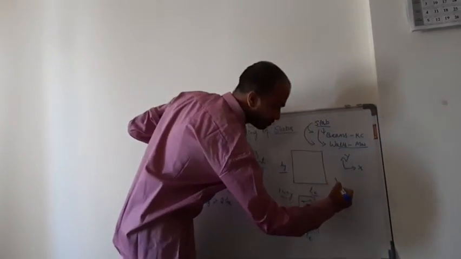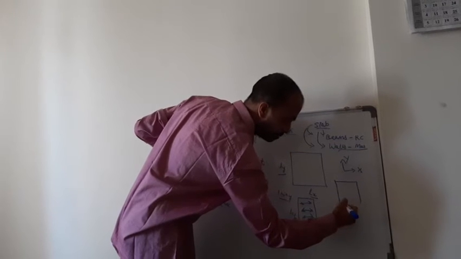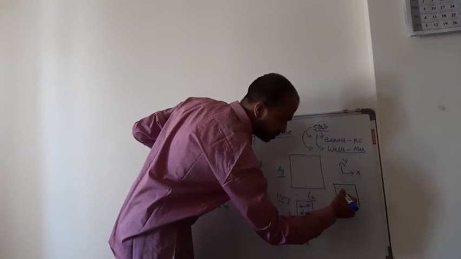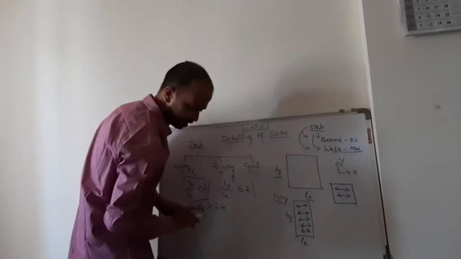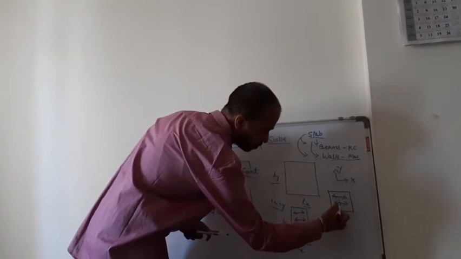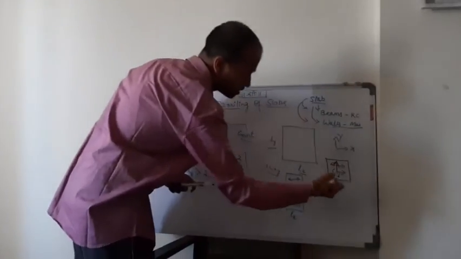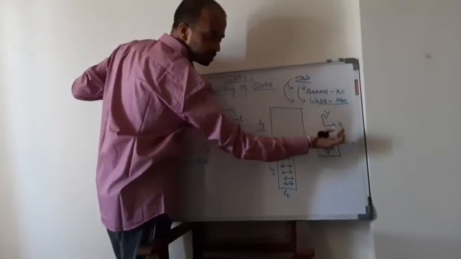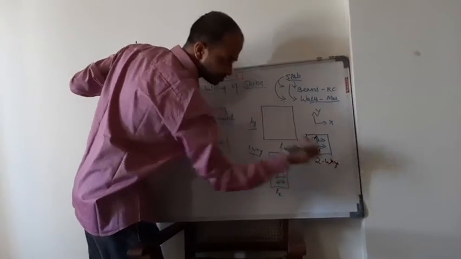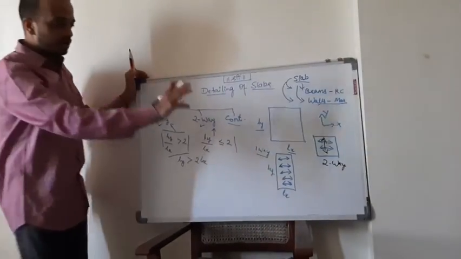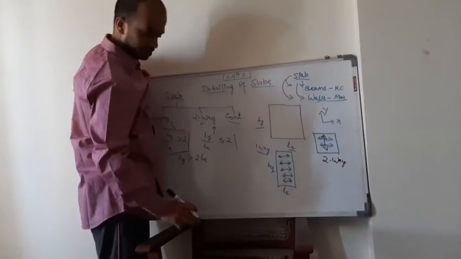Now if I take another slab and find out that the load direction is along both the axes, okay, along x as well as along y. So here the load will get transferred in both the directions. So such type of slabs are called as two-way slabs. Now how to identify with the sketches?